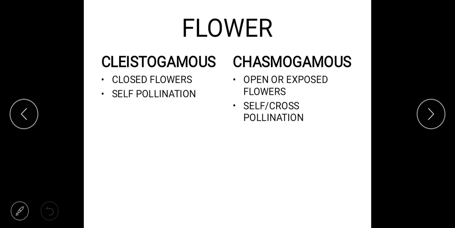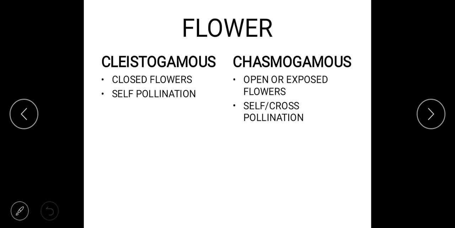When we speak about pollination, a question comes to our mind. In some cases the flowers remain closed, and in some the flowers remain open. What do we call these? The terms are cleistogamous and chasmogamous. Again, the differences between these two could be asked. Cleistogamous, like the garden pea you studied in class 10th, where the flowers remain completely closed.